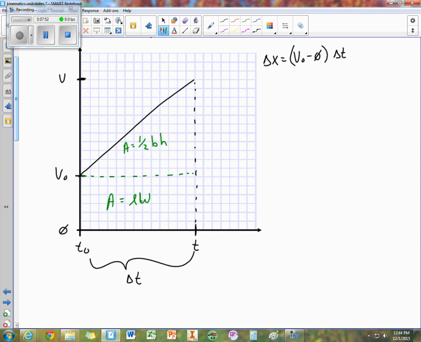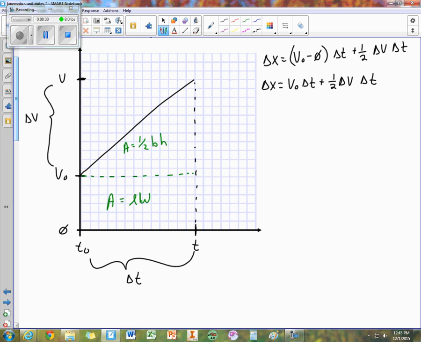And the triangle would be 1/2 height times base, so it would be delta v delta t. So our displacement would look like that. That's one way of calculating displacement.